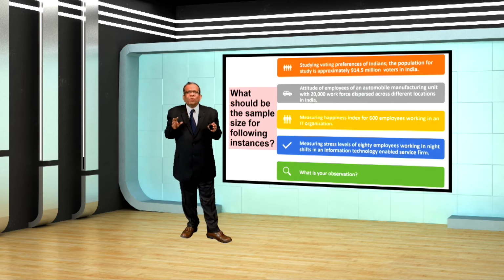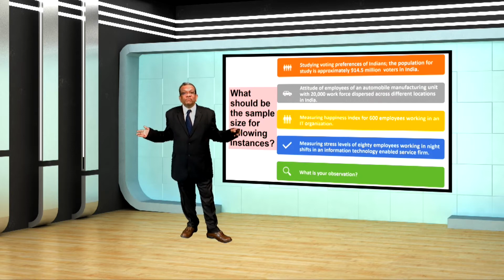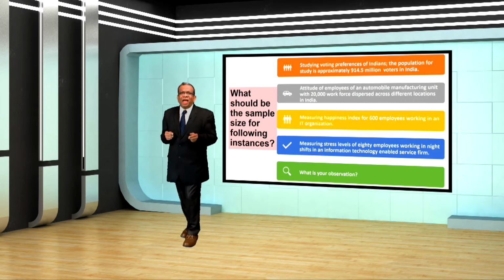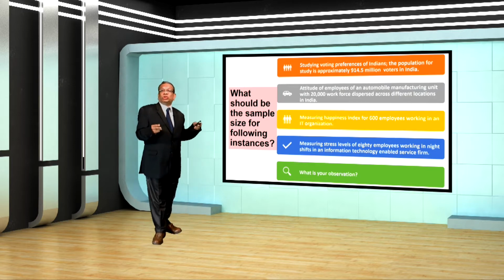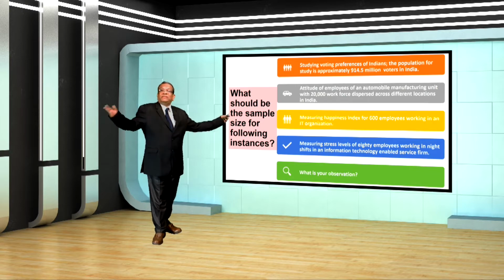Study the voting preference of Indians. The population for the study is approximately 914.5 million eligible voters in India. Now, next problem let us take. Attitude of employees of an automobile manufacturing unit with a 20,000 workforce dispersed across different locations in India.